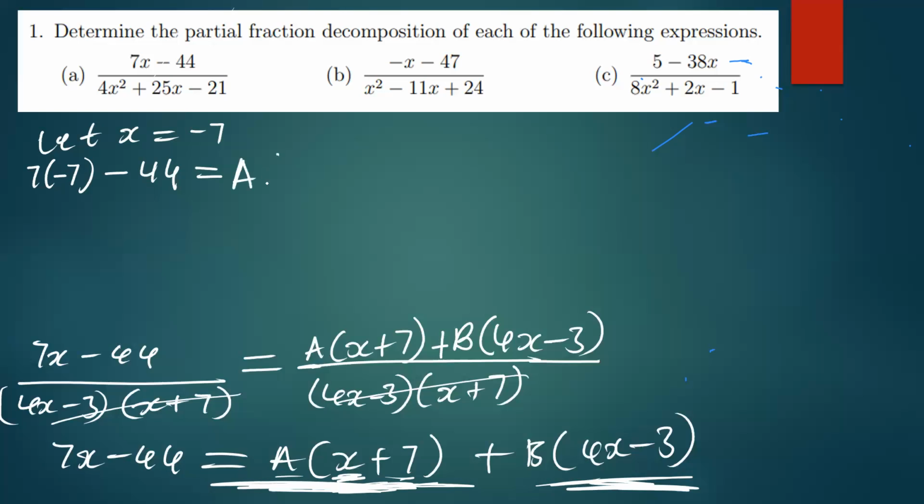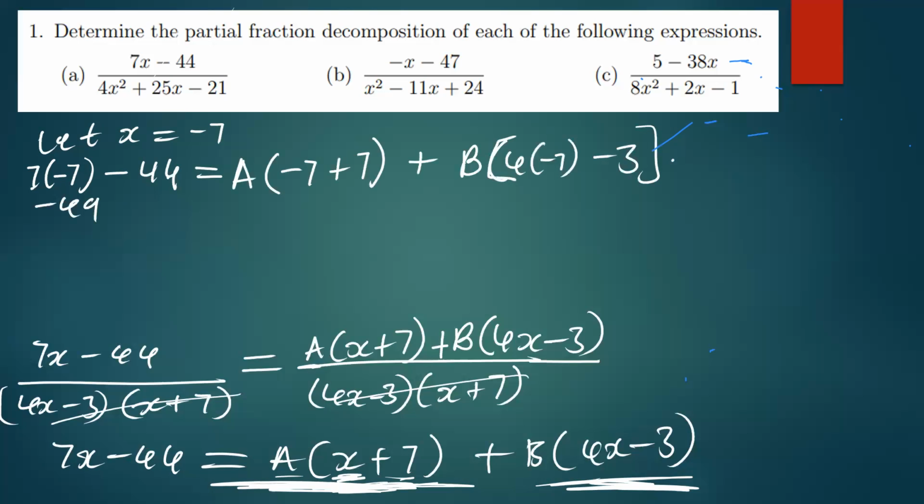So we have a, open brackets. When you put -7 there, I'm just replacing -7 wherever there's x in the whole expression. So we have B there, and open brackets 4 times -7, then -3. So 7 times -7, we're getting -49, then -44.